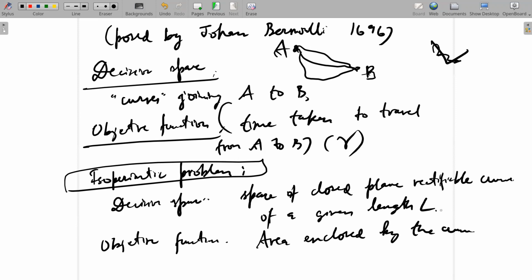Maybe I can add another assumption like simple or something like that. But just think of it that way: it is a curve with a given circumference and it is not self-intersecting. And rectifiable just means that it has a length. Because if you have some acquaintance with fractals and these kinds of things, you can have a curve which is in a compact domain, but it has infinite length.